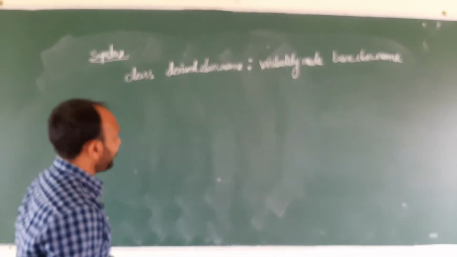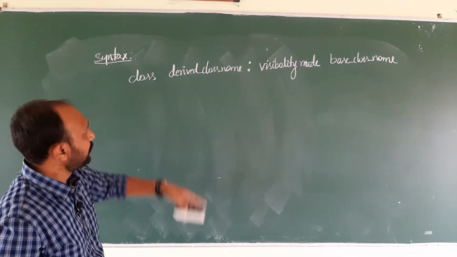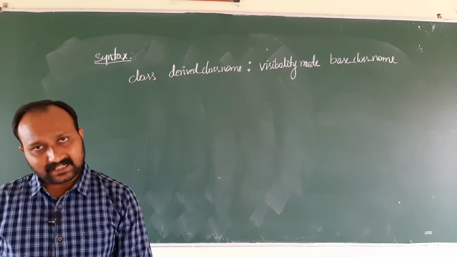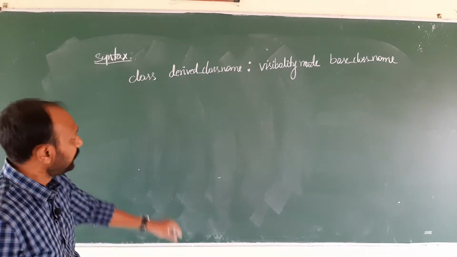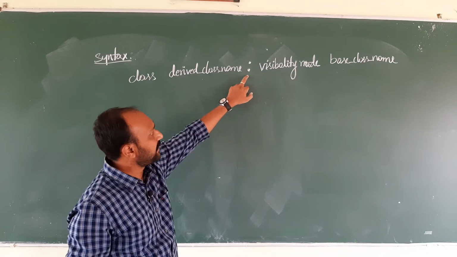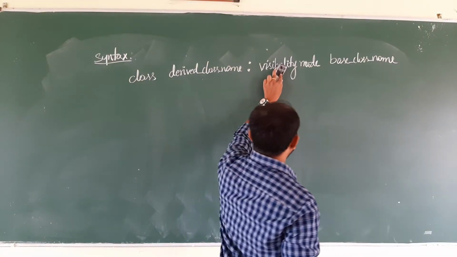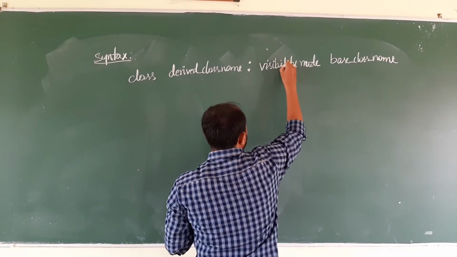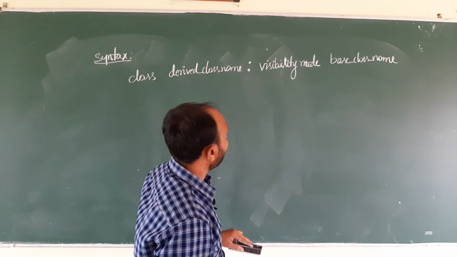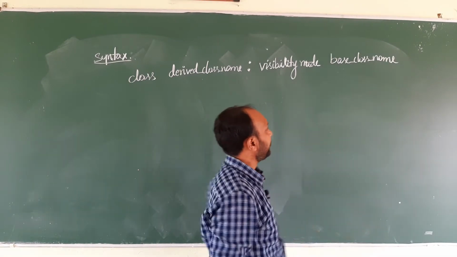Okay. So, what is the header of the derived class definition? It starts with the keyword class, followed by a new name, that is the derived class name, followed by a single colon, followed by the visibility mode, which will be continued with the base class name.